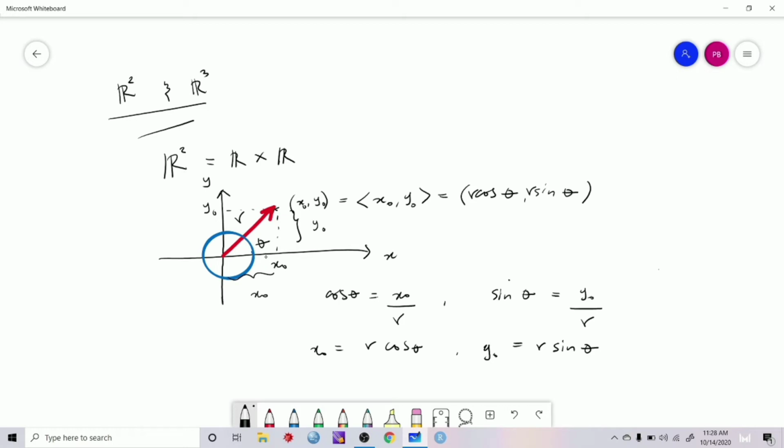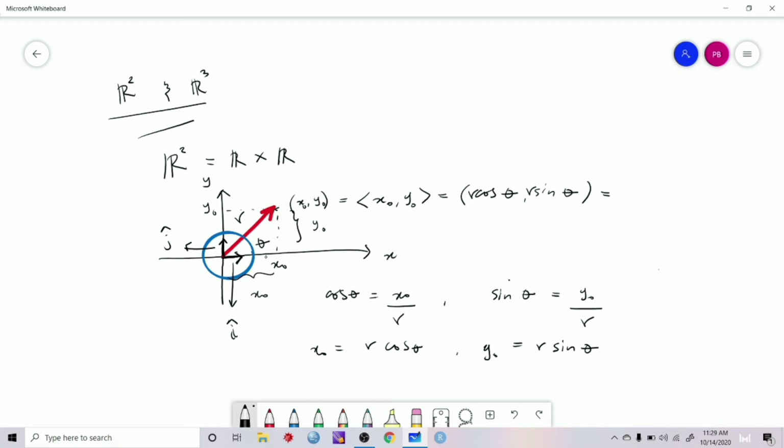And lastly, we can also represent the point using the so-called i hat. So we have here two unit vectors. We call this vector i hat and this vector j hat.